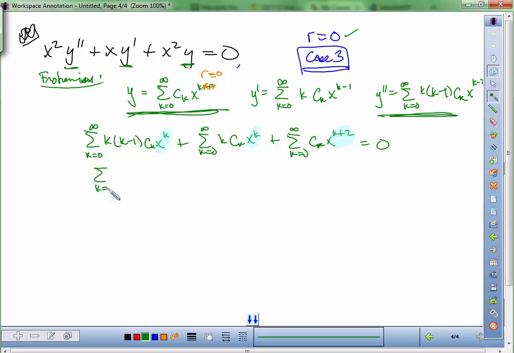I'll do a couple of things in this step. This is not a shift. Considering k equal to 0 is 0, and k equal to 1 is 0, there's no contribution, so it starts with k equal to 2. This stays the same basically. This one, when k is equal to 0, will have no contribution, so I'll start my series with k equal to 1.